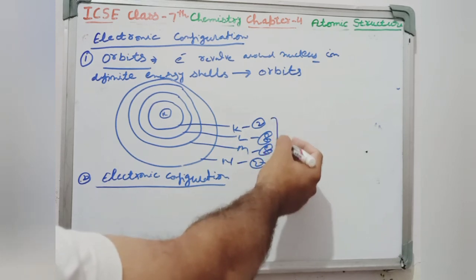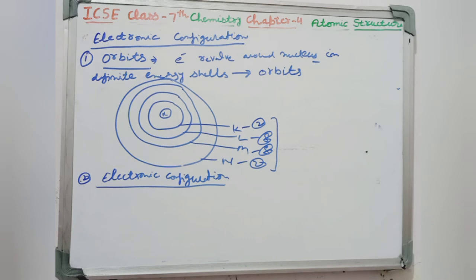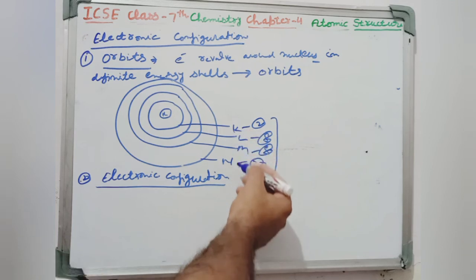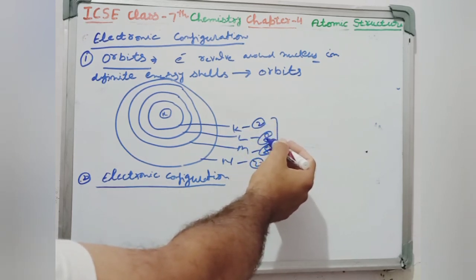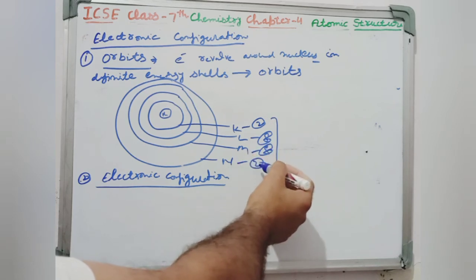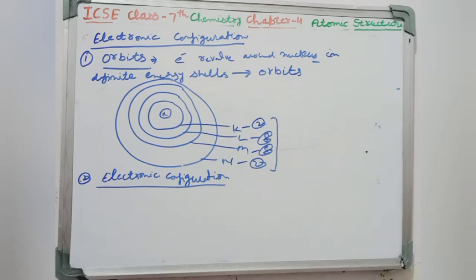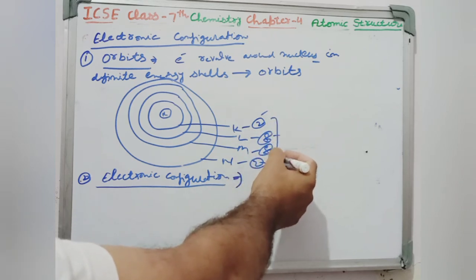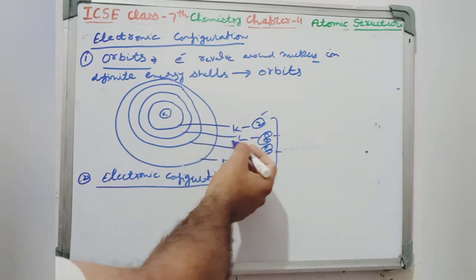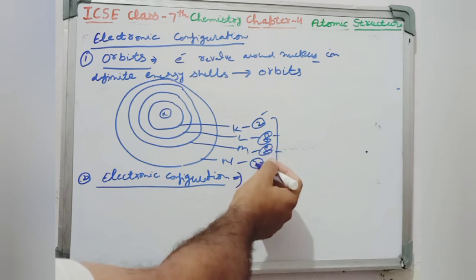This is a magic number you have to always keep in mind while studying chemistry. K, L, M, N: K can hold 2 electrons, L 8, M 8, and N 2. 2, 8, 8, 2. You have to understand in this way. How are they arranged? 2, 8, 8, 2.